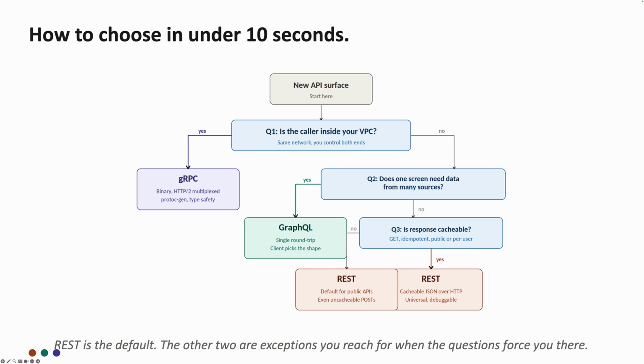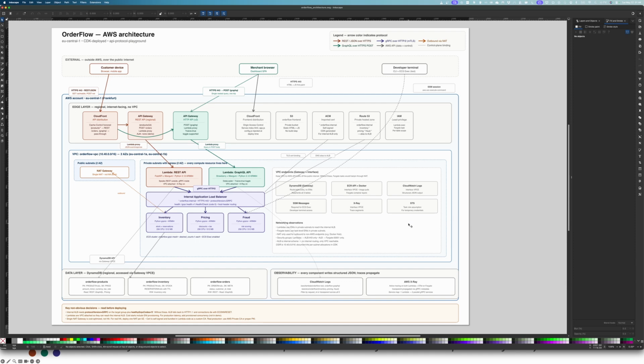Now I would like to show you the architectural design, because enough of PowerPoint. Here is what it looks like in implementation. So on the AWS side, I have used CloudFront, which is customer facing.